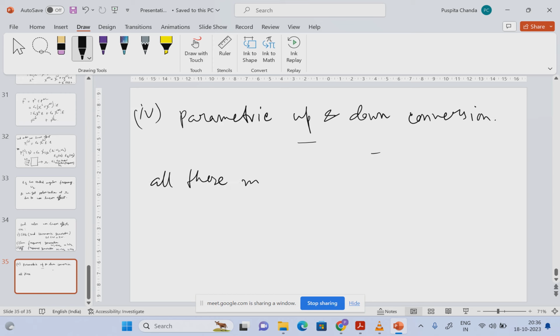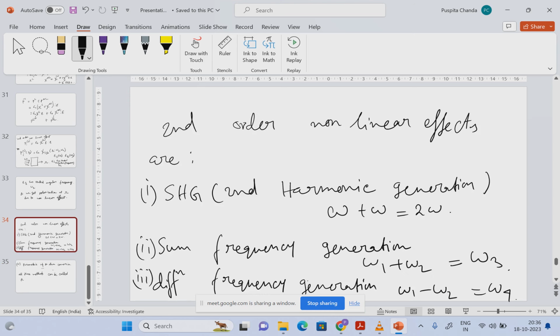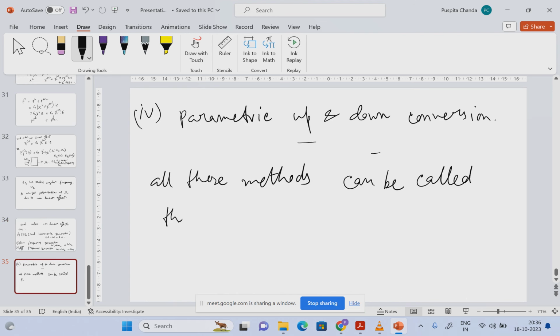All these methods, SFG and DFG, are called 3-wave mixing.